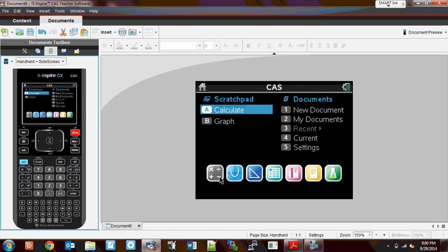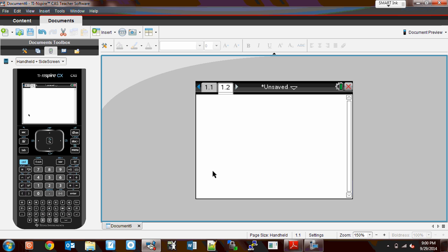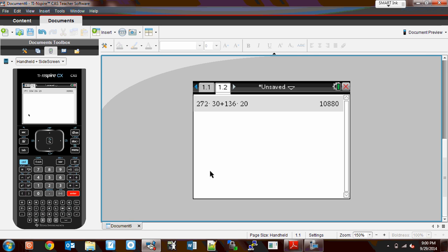All right, so let's flip over here to our calculator. Now, hopefully you have the objective equation written down, which you should. So we know it's 272 times 30 plus 136 times 20. That gives us 10,880. All right, let's do our other two. 272 times 41.7 plus 136 times 0.